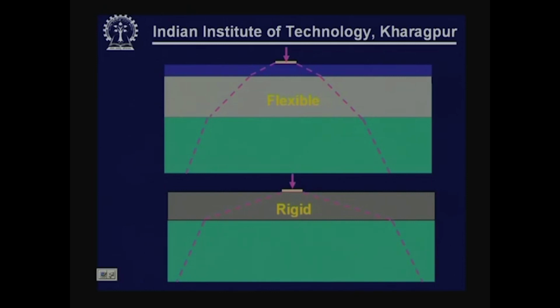So ultimately when you come to the subgrade level, the stresses at the subgrade surface or at any depth in the subgrade have to be reduced to such magnitude that the subgrade can handle. Same is the case for any other layer that you place above the subgrade. The stresses have to be properly distributed. So you have to select proper materials and adequate thickness of layers above a given layer.